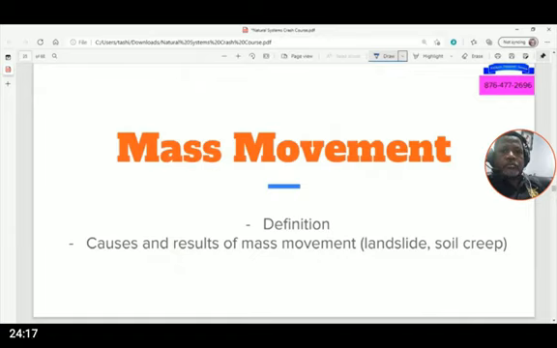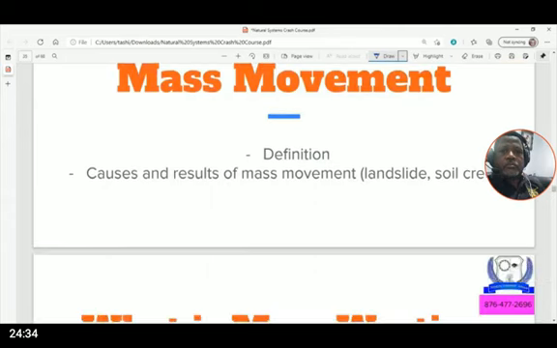So those are the things that we are going to cover, because that is exactly what the syllabus asks us to cover. So mass movement, definition, causes and results of mass movement. These are the things that we are expected to cover according to the CSEC geography syllabus.